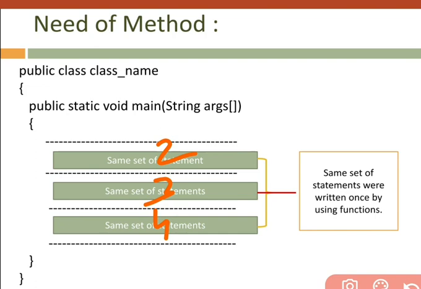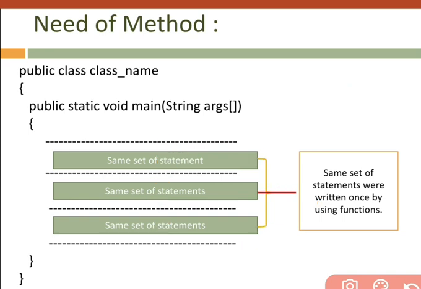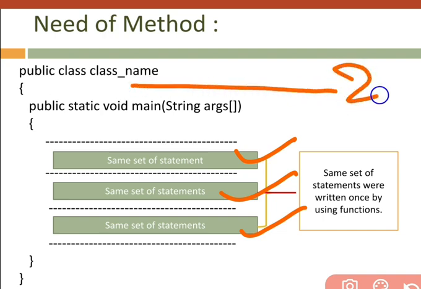We are just providing all these statements again and again here. But see, is writing again and again better, or writing once here? One time is better than writing again and again. We are writing the same set of statements again and again, but functions allow us to write them once.